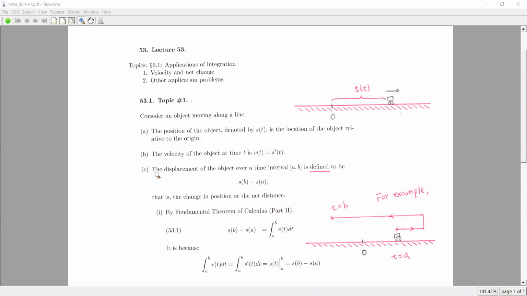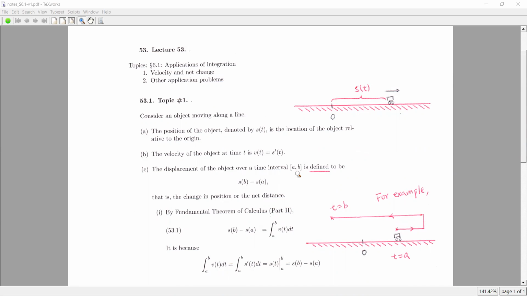C. The displacement of the object over a time interval from A to B is defined to be the position of the object at the time B minus the position of the object at the time A. For example, in this diagram, I suppose when time is A, the object is here.